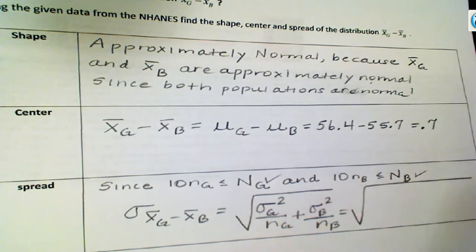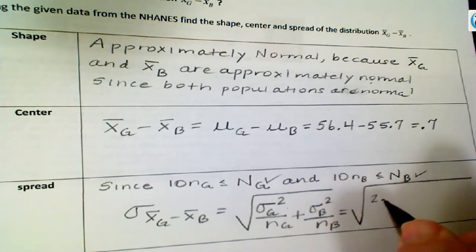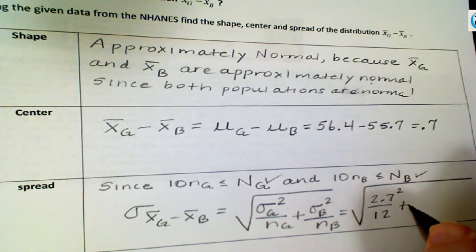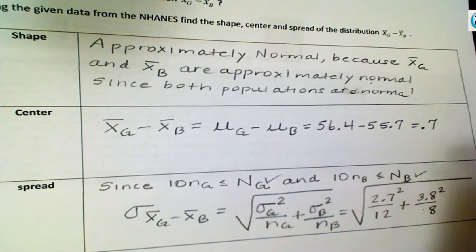The standard deviation of the girls was 2.7 with a sample size of 12, and the boys was 3.8 with a sample size of 8. That gives us 1.55.